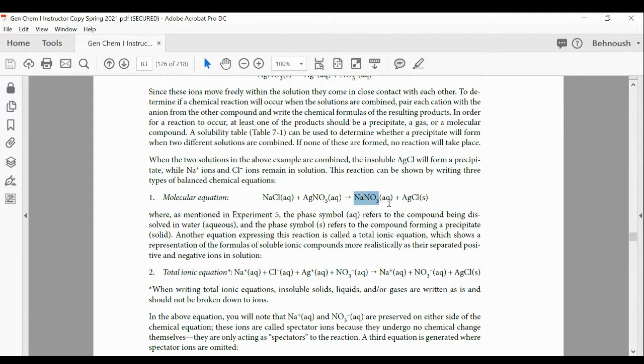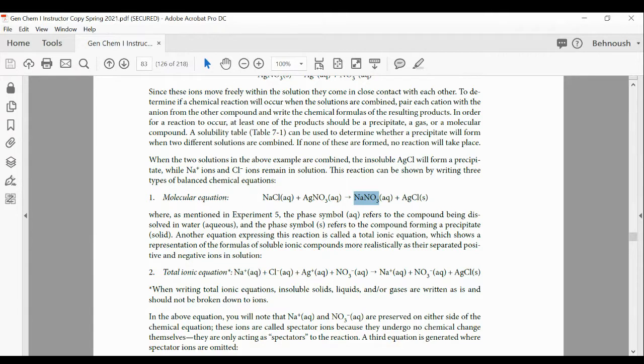If you didn't have this AQ here, can you tell me if sodium nitrate is soluble or not, and why it's soluble? If it is soluble, or if it's not soluble, where do you see that in the table? All nitrates are soluble. Very good. All nitrates are soluble, so sodium nitrate contains nitrate. Since there is no exception, it is soluble.